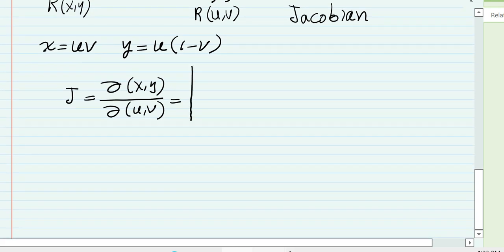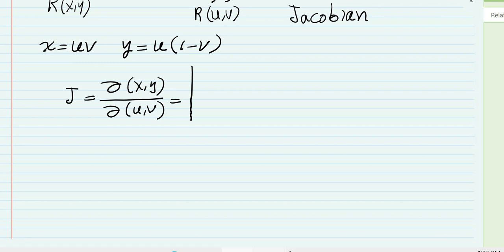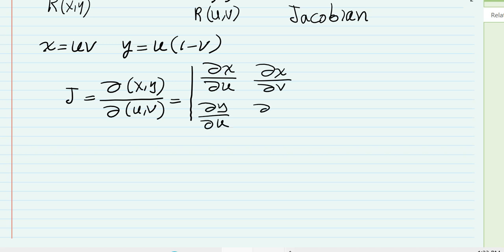This is not the absolute value symbol; this is the determinant notation. It's going to be the determinant of ∂x/∂u, ∂x/∂v over ∂y/∂u, ∂y/∂v. So that is what the Jacobian is.